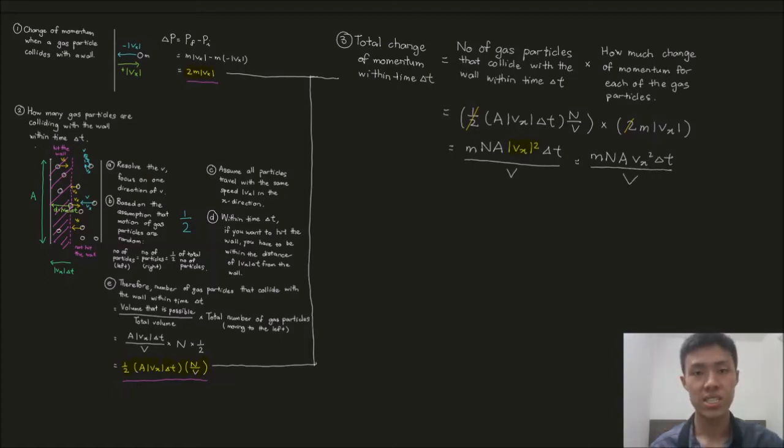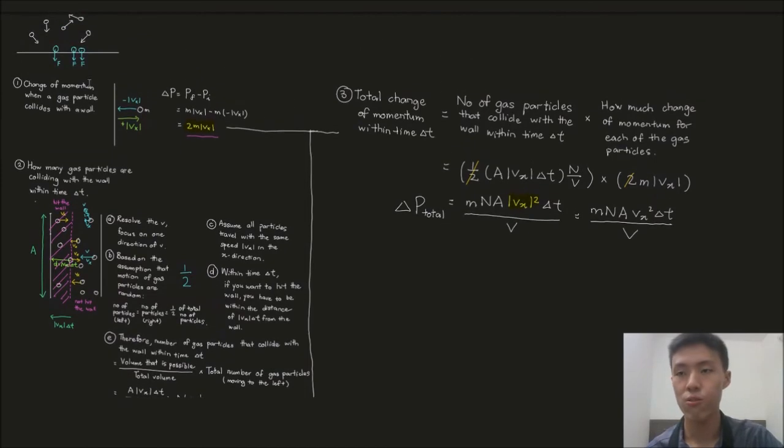So this is the equation for the total change of momentum within time delta t. Let's call this delta P total. Having this total change of momentum, what we will do now is relate it to the force that we mentioned at the start of this video.